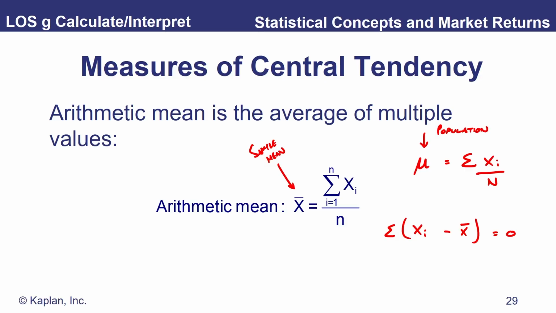Now, what you need to know is outliers, so extremely large values and small values. In other words, values that are significantly bigger than the mean and values that are really significantly lower than the mean have a big impact on arithmetic means. They have a big distortion on the arithmetic mean, and that can cause our mean to be skewed. So, for example, if we've got one observation that's extremely large, far larger than all of the other observations in our data set, that's going to pull the arithmetic mean upwards.